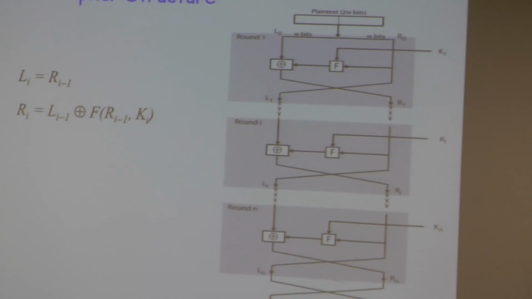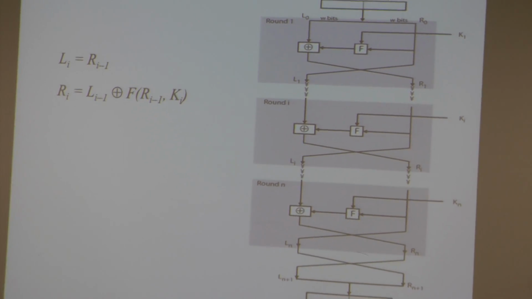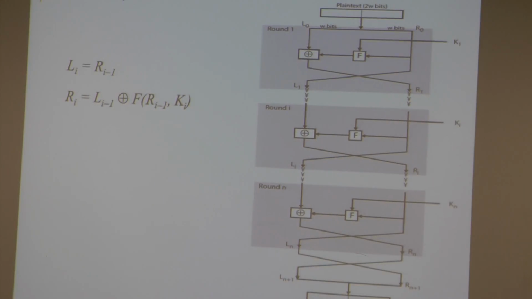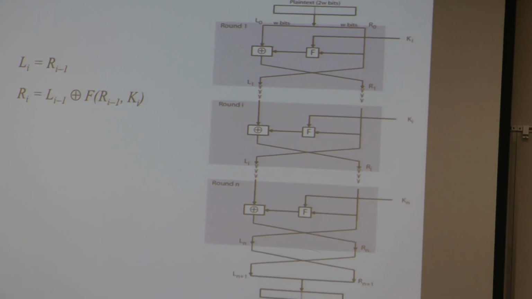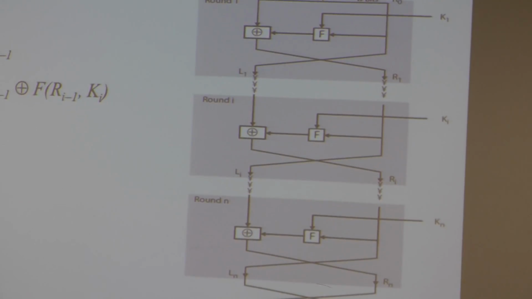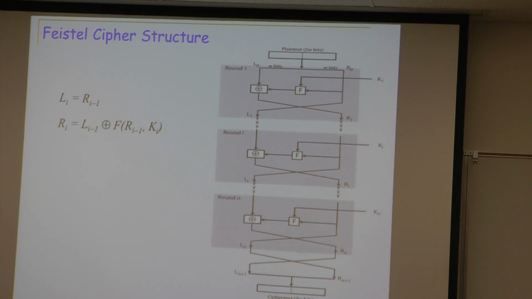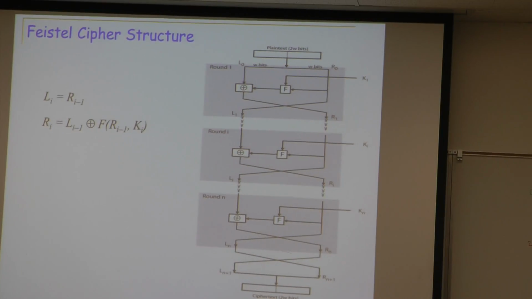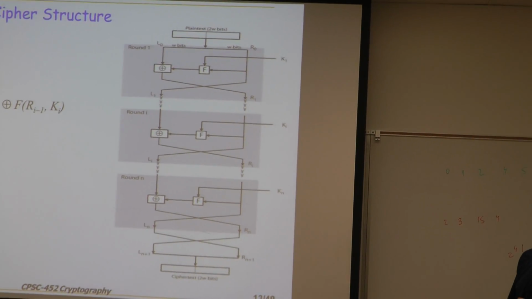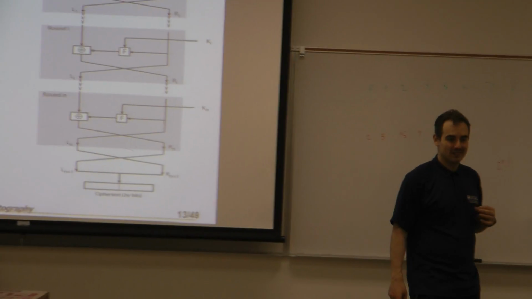In round 1, I provide key Kn. In round 2, I provide the key Kn minus 1. And finally, at the last round, I provide the key K1. Otherwise, the decryption algorithm stays exactly the same. That's a big advantage, because I need only one algorithm to do both encryption and decryption. Makes sense, right? Very good.